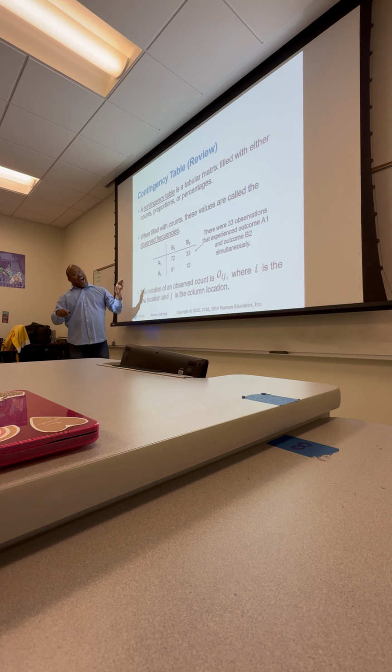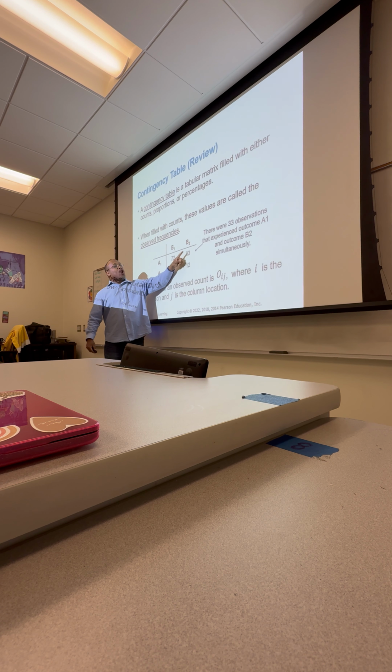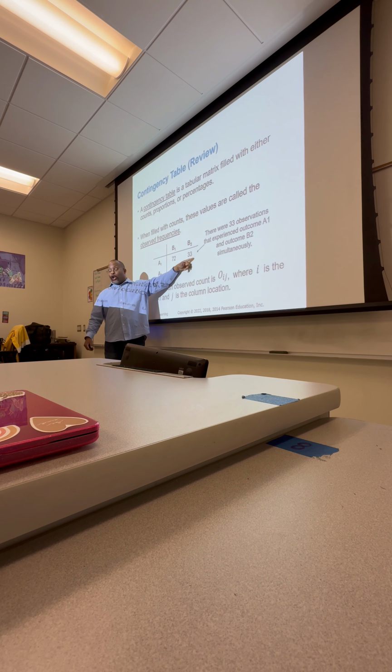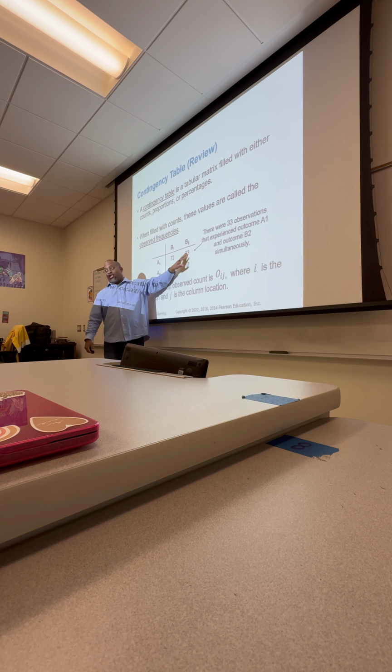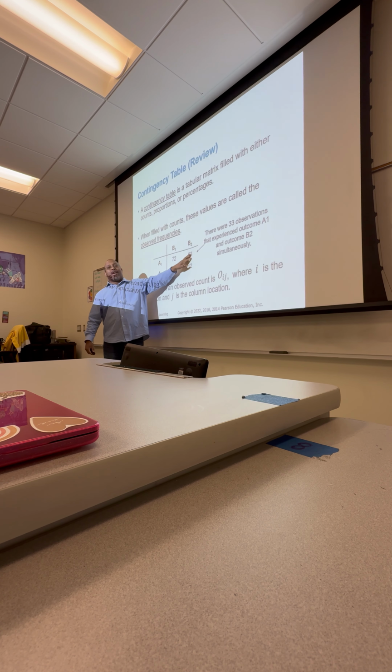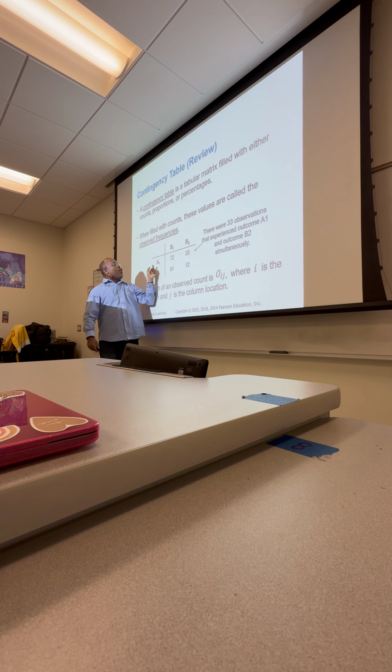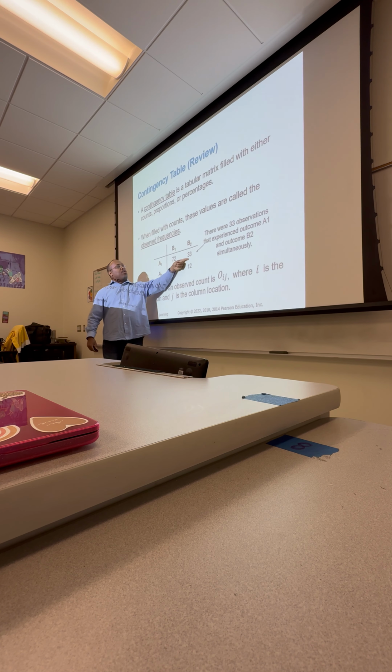But now we got to say O_ij. This is the observed frequency for the ith row and the jth column. So for example, this is O_12, the notation for where we will store this value. This is O_12, first row, second column.